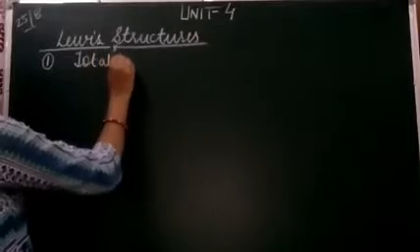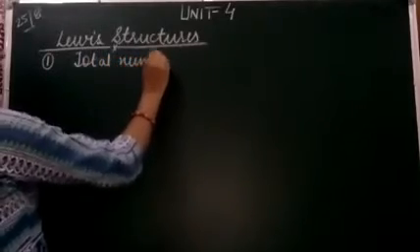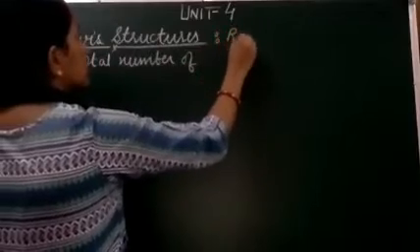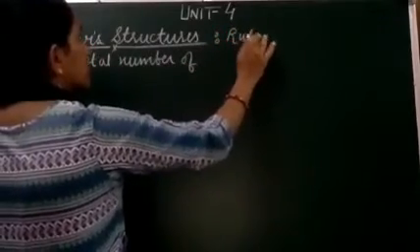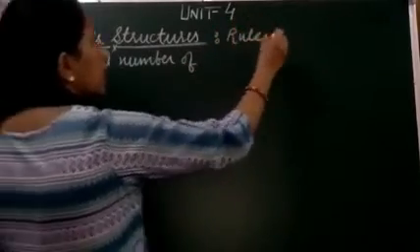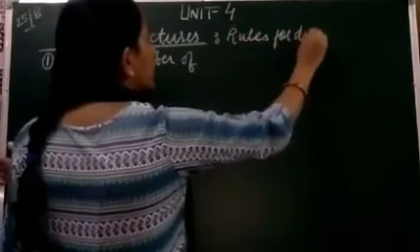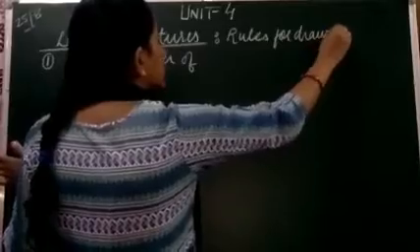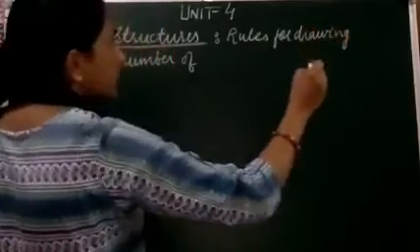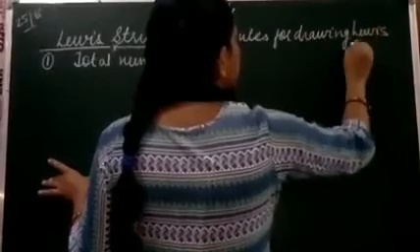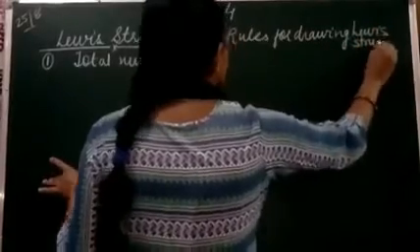of valence electrons. These are the rules for drawing Lewis structures. Right?